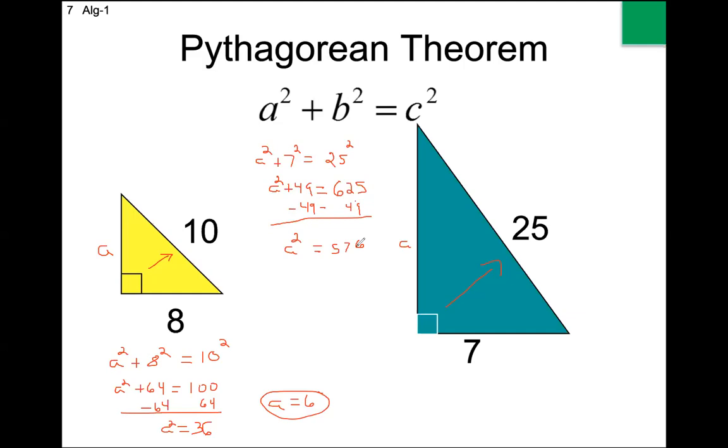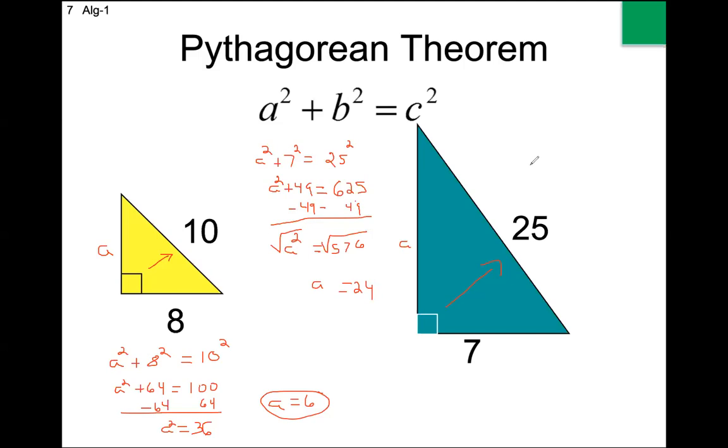Do you remember what the answer was from the previous one? It was 24. So A is equal to 24. Now, once again, if you couldn't remember that, then we would have to do that. Once you take the square root of both sides, you'd have to break 576 into, I believe we did 144 times 4. So that would be 12 times 2, which is 24.